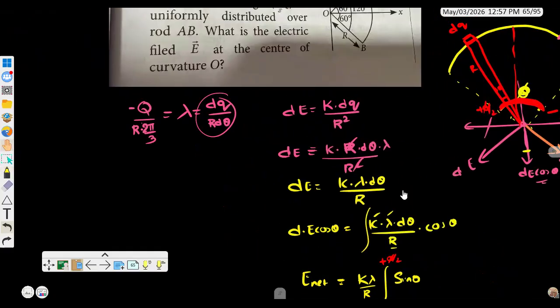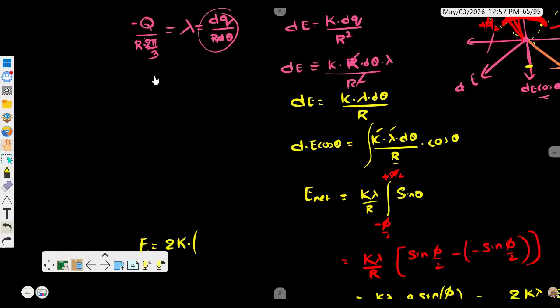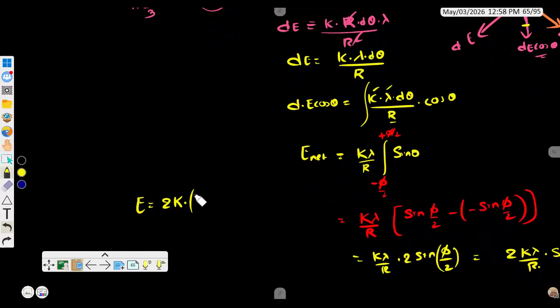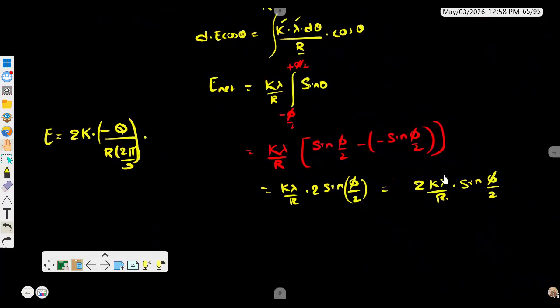Now let us come to our question. Here, the lambda value we know. So E is equal to 2 into k into, in place of lambda, minus q by r into 2 pi by 3, then r, into sine 60.